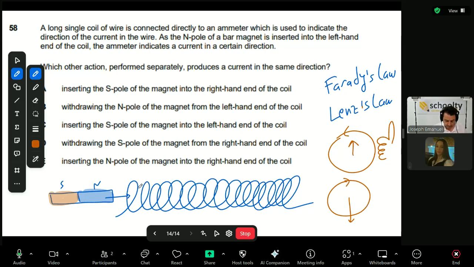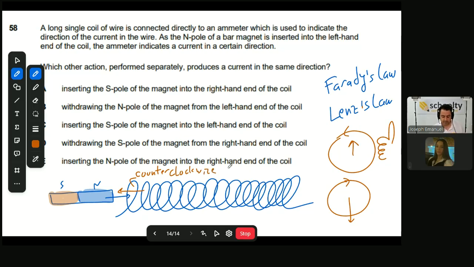So to make the magnetic field of the current to the left side, it should be counterclockwise. Yeah. Counterclockwise.